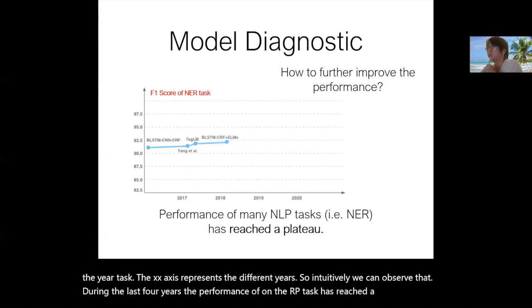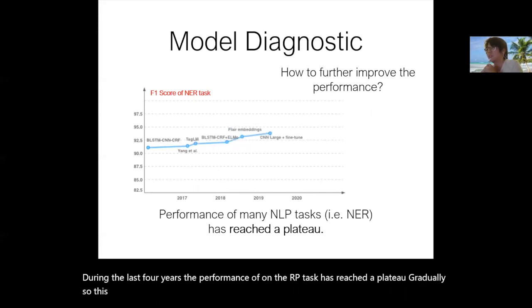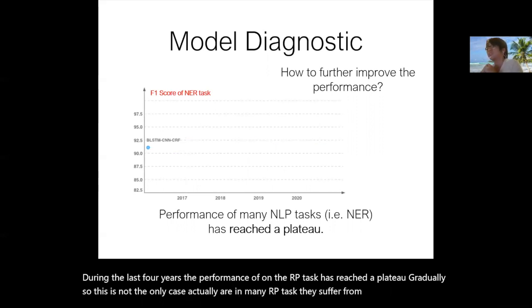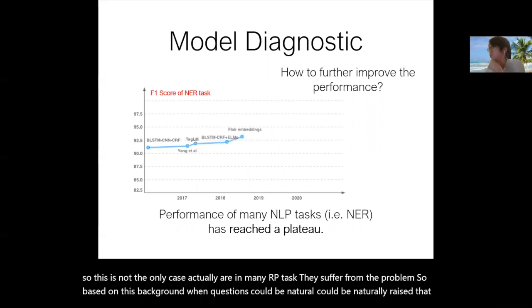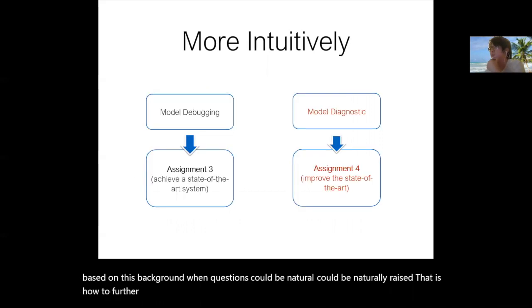This is not the only case. Actually, many NLP tasks suffer from this problem. So based on this background, a question could naturally be raised, that is, how to further improve the performance.